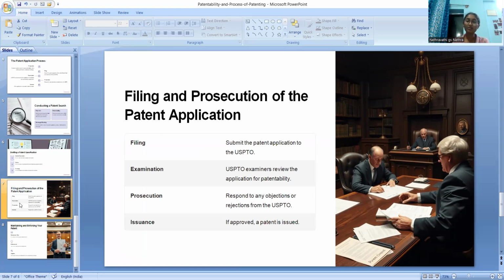In the filing, we need to submit the patent application to the United States Patent and Trademark Office. In the examination, the office reviews the application to see whether the file is acceptable or not. In the prosecution, it cross-checks whether there is anything useful to the public in the filed application or not. The assurance is whether it will approve the patent or not.